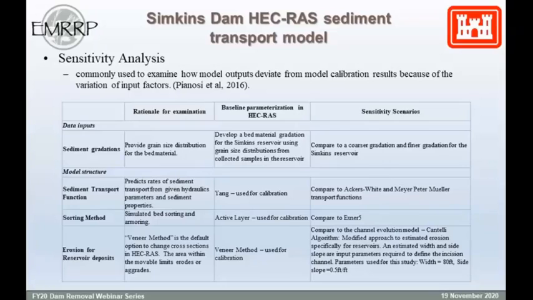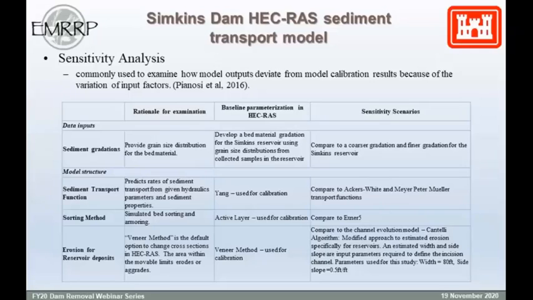So I picked sediment transport functions that were developed for that kind of sediment because there are options in the model, but not all of them were designed for sand and gravel. So you need to make sure you pick the ones that are developed for the right sediment you have in your system. And in this case, I used Yang, the transport function Yang, for calibration, and I compared that with Ackers-White and Meyer-Peter Müller.